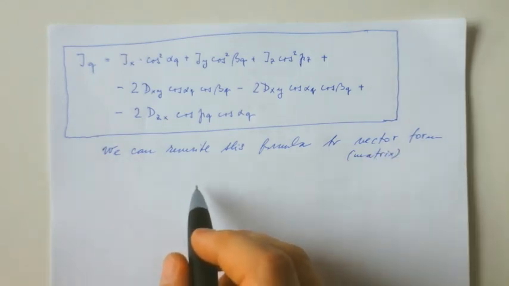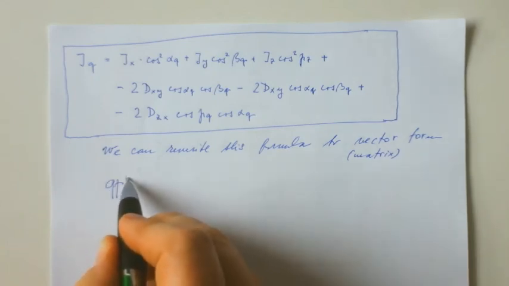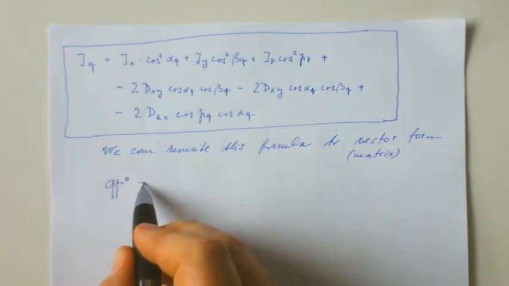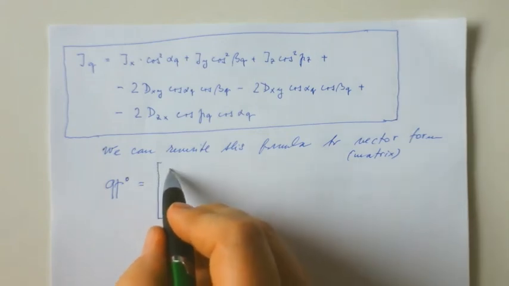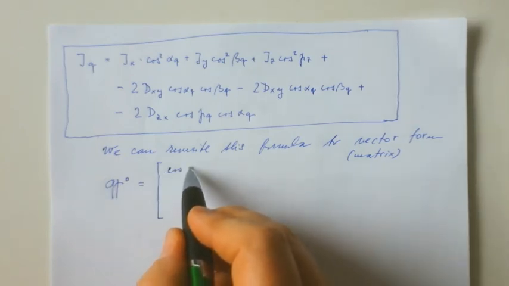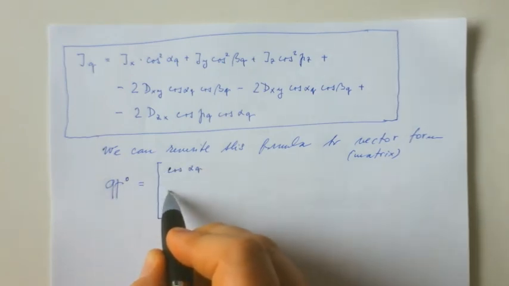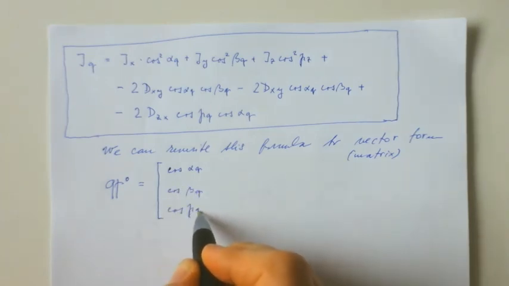If we say that we have a vector matrix, the mathematical vector is a one-column matrix. So Q as a mathematical vector is cosine alpha Q, cosine beta Q, and cosine gamma Q.